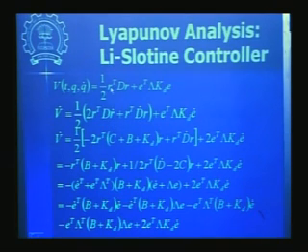Both r are differentiated, and this is a product of 3 terms, so we have to differentiate one at a time. Then again using the symmetry property, you can write this as 2 times r transpose D r dot, and then this is the r transpose D dot r term.